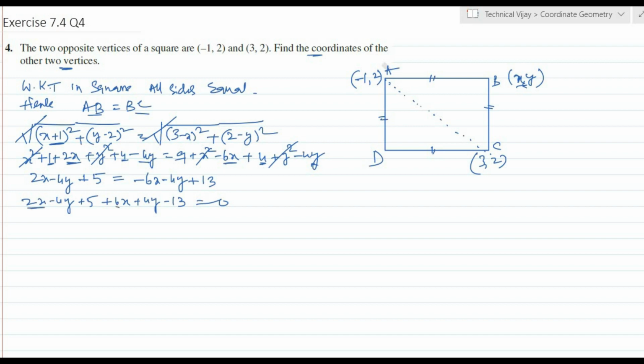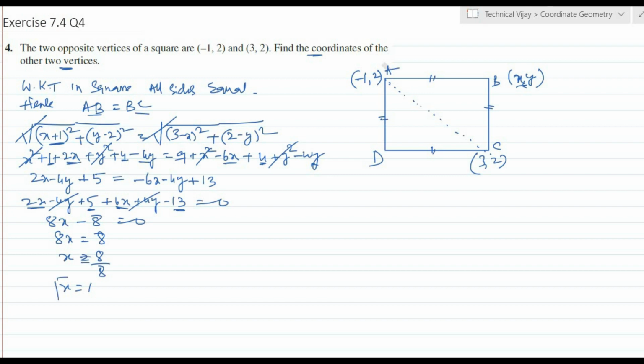So 2x and 6x, that is 8x, the 4y gets cancelled, and 5 and 13 gives minus 8 equal to 0. So 8x is equal to 8, so x is equal to 8 by 8, so x is equal to 1.